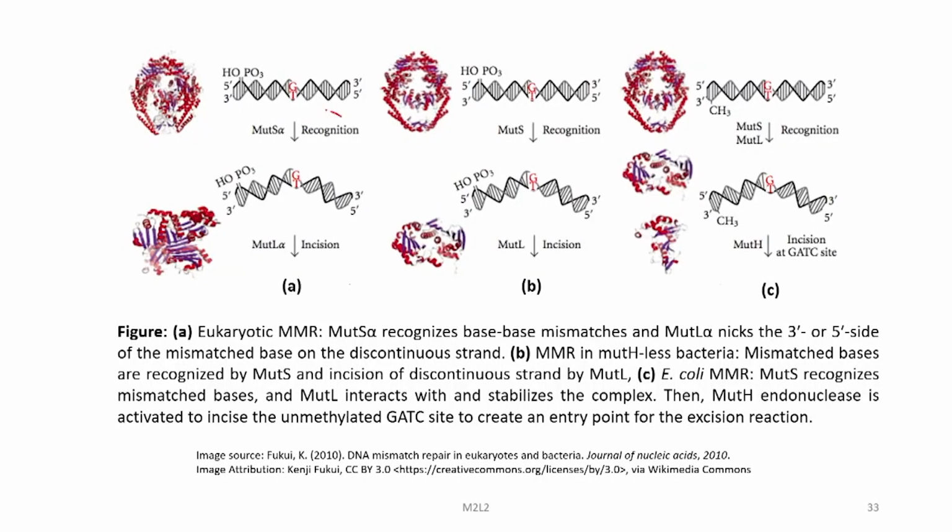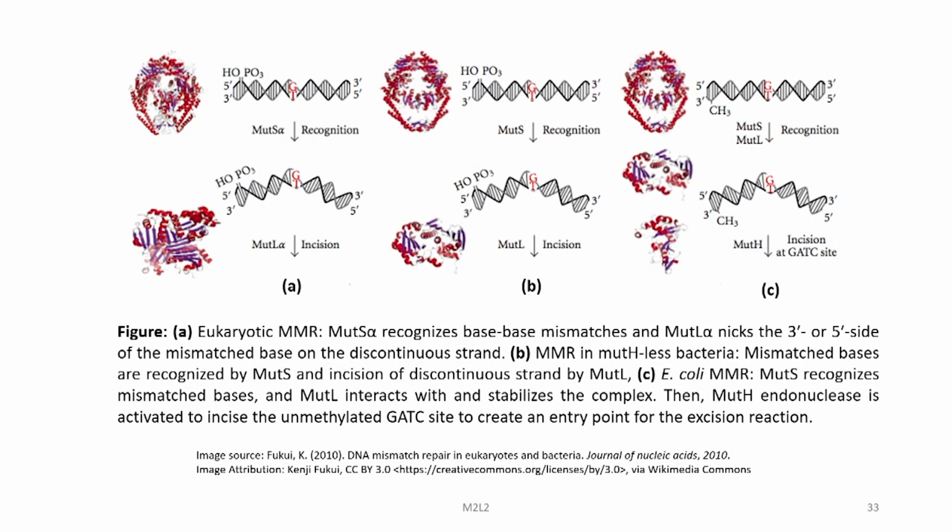So, you can see in figure A the eukaryotic MMR where MutS alpha recognizes base-base mismatches and MutL alpha nicks the 3' or 5' side of the mismatched base on the discontinuous strand.